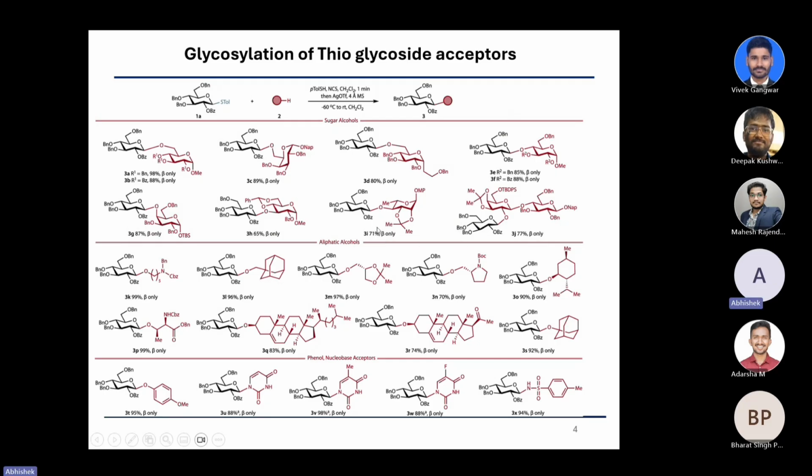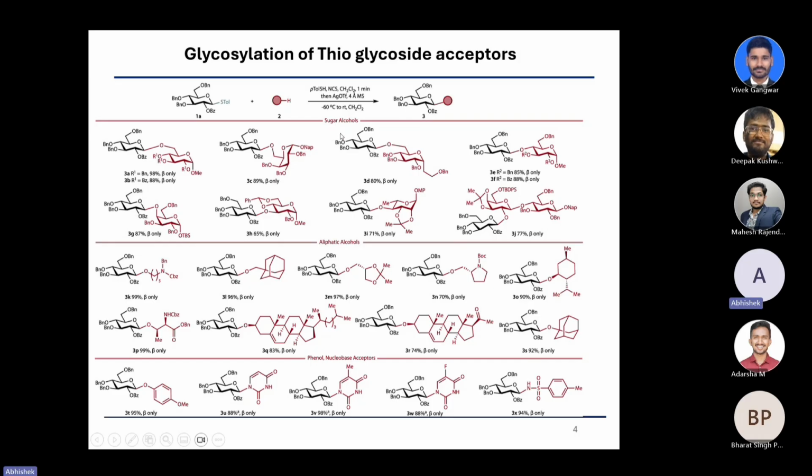This slide talks about the glycosylation of glycoside acceptors. He varies only the acceptor, keeping the donor constant. The reaction conditions are para-thiotoluene, NCS, DCM as solvent for 1 minute, then adding silver triflate in the presence of molecular sieves, then minus 60 degrees Celsius to room temperature in DCM solvent, and the corresponding disaccharide is formed.